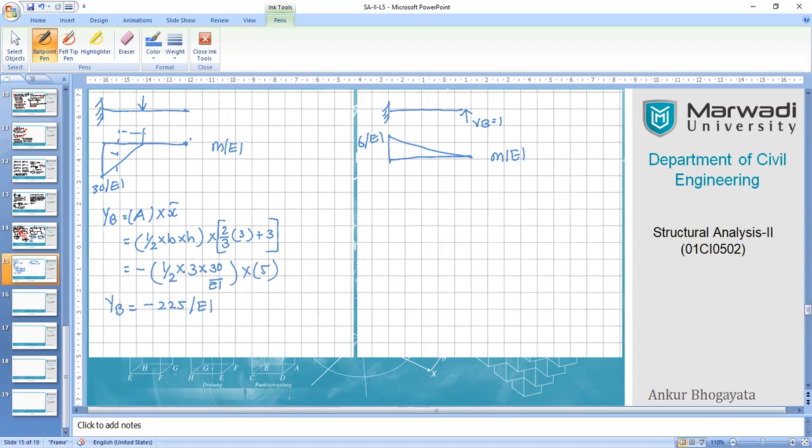All right, and now we can go ahead with the value of this diagram. Let's check what's happening over here.